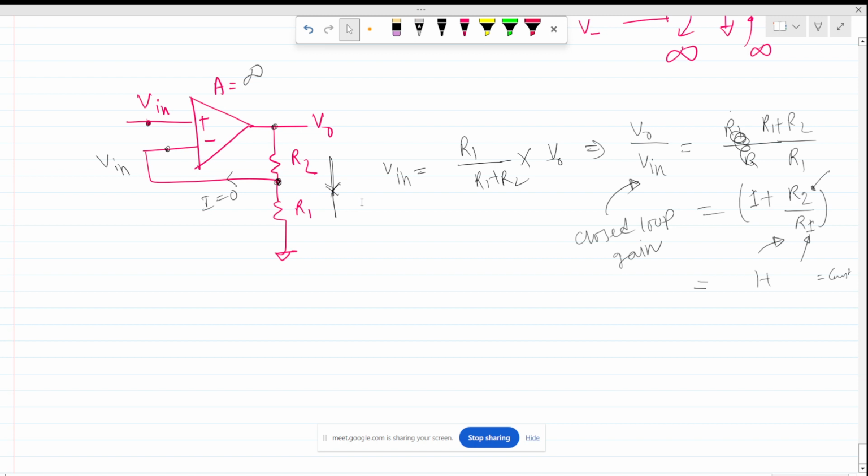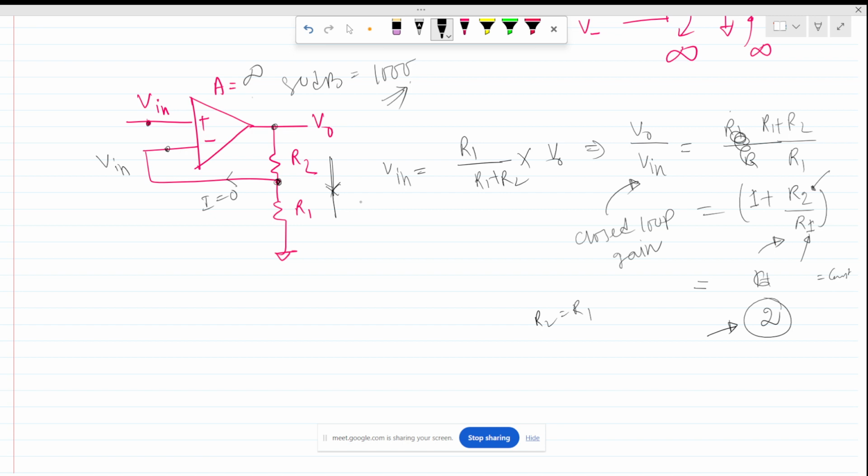And we are getting a much lesser gain. Let's say R1 equals R2, so our closed loop gain is nothing but 2 here. We had a gain of, let's say, 80 dB, or in linear, 1000. So we are sacrificing our gain from 1000 to 2, but what we get is a controllable output.